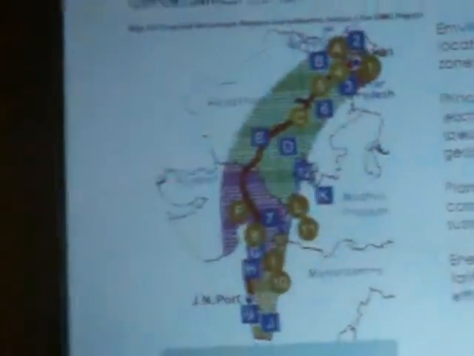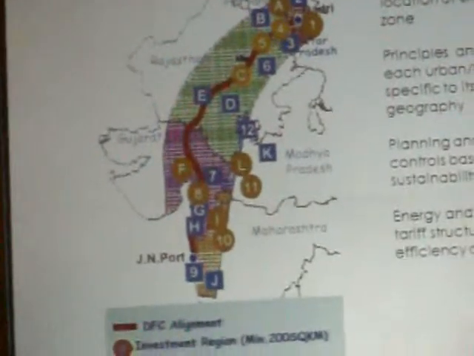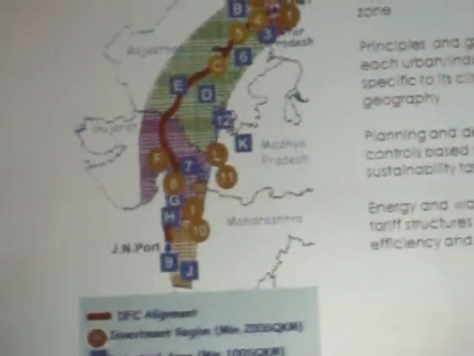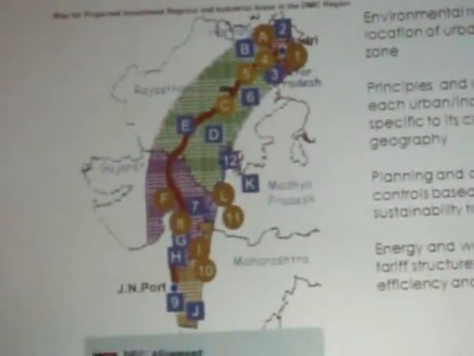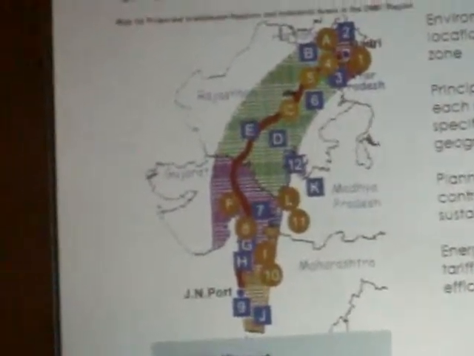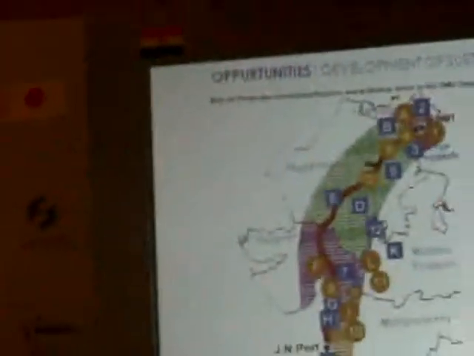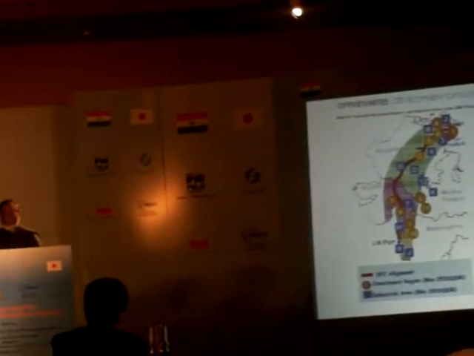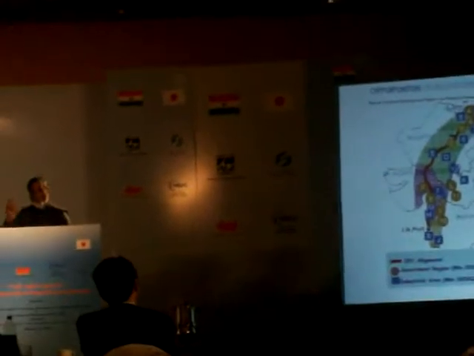Looking at opportunities now, development of sustainable urbanization. The environmental rationale for location of urban industrial zone, which I briefly discussed, is an important one. It is not only to do with connection to the corridor, but along the corridor there is a variation of opportunity according to the geography and climate, availability of water, and quality of land.